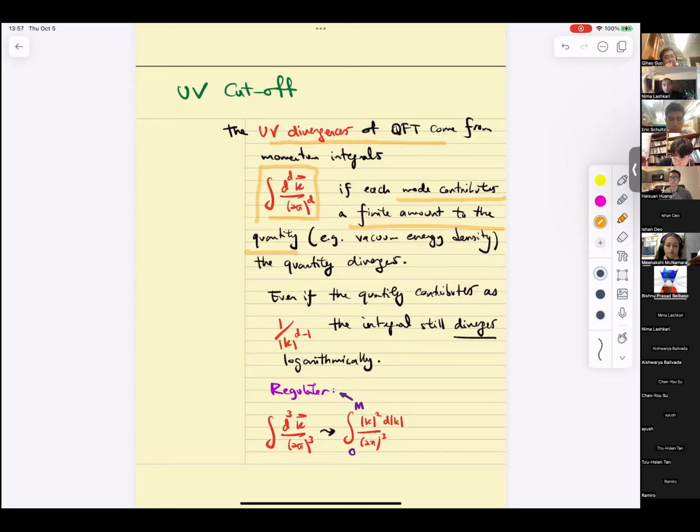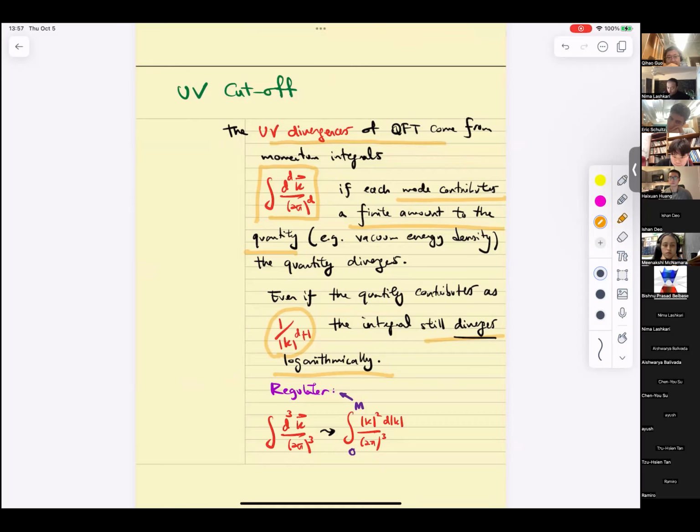If the higher and higher modes contribute less and less, but it decays slower than 1 over k to the power of d minus 1, in 3 dimensions, the contribution of the higher momentum modes is bigger than 1 over k cubed, the integral still diverges, because the integral of d3k over k cubed diverges, oh, sorry, plus 1. My bad. So that diverges logarithmically.